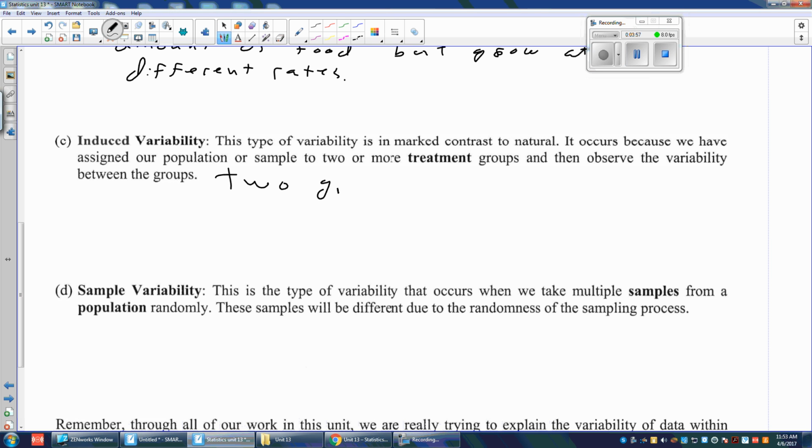So two groups are fed, let's say G1, high protein, Group 2, high carb.